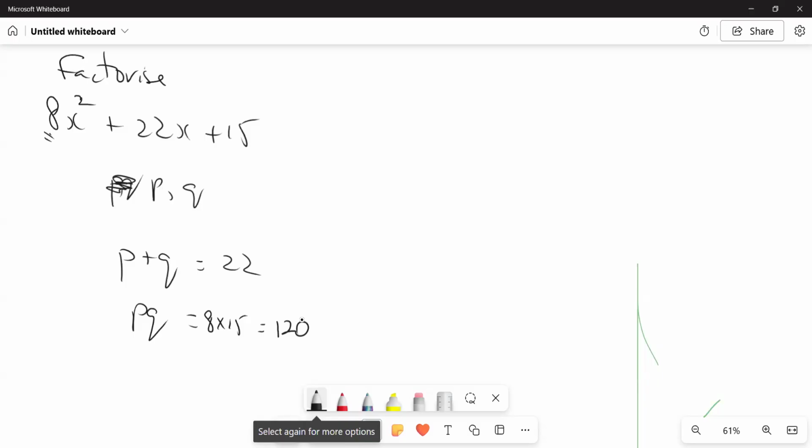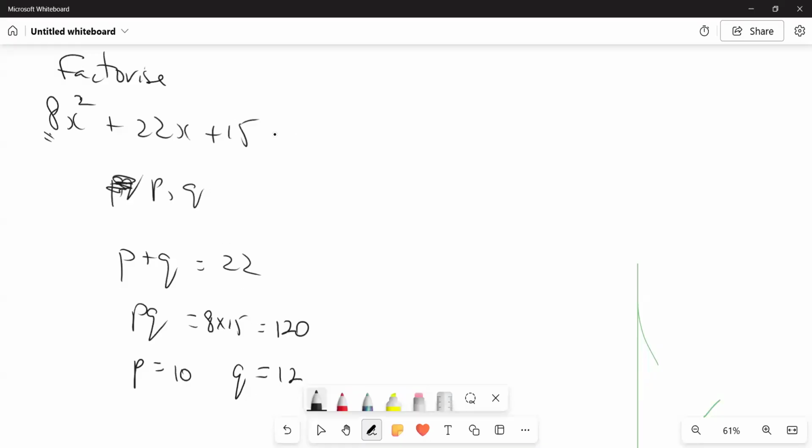Think, what is happening here. Go with 10 and 12. Isn't that true? 10 and 12, we add to 22 and multiply to give you 120. Yes, sir. Good.